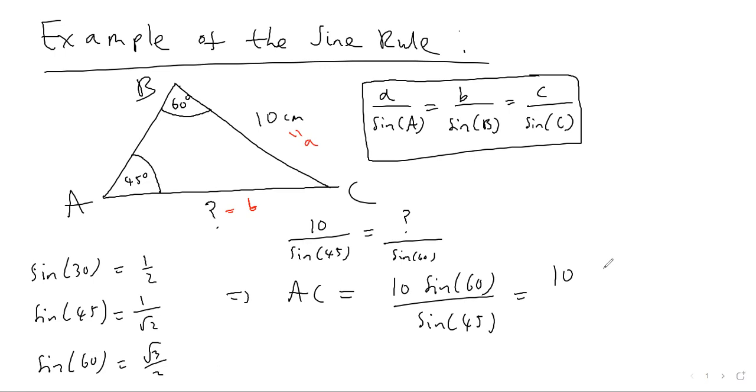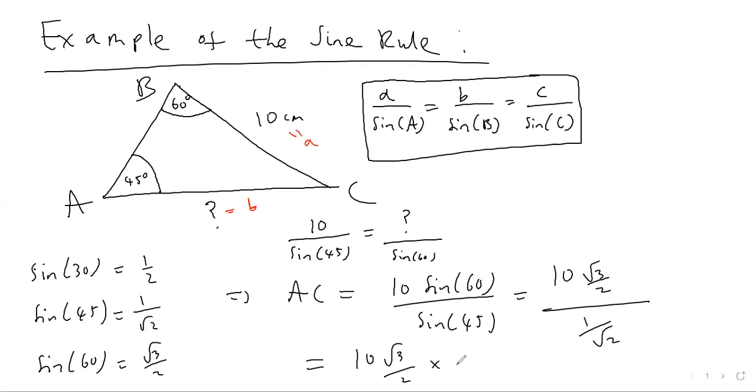So using sine 60 as root 3 over 2, this can be root 3 over 2 times 10, and then divided by sine 45, which is going to be 1 over root 2. So for the final answer, we'll get 10 root 3 divided by 2, and then divide that by 1 over root 2, which is the same as multiplying by root 2.